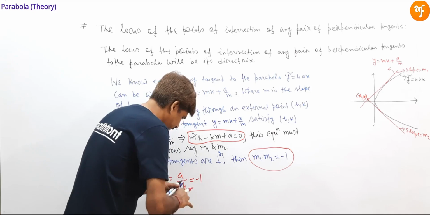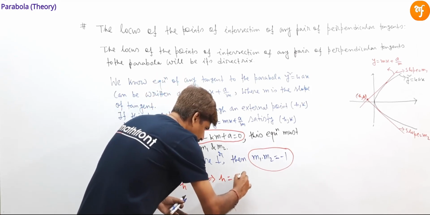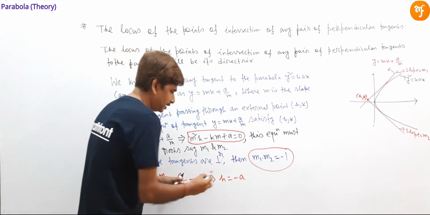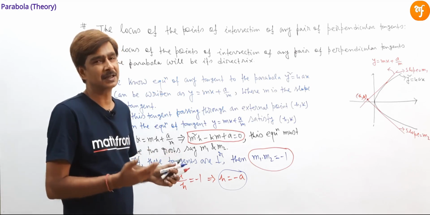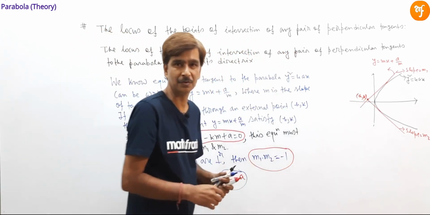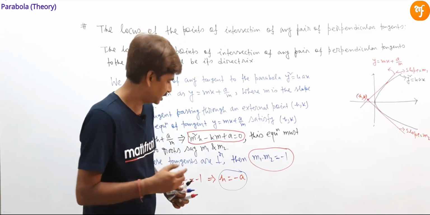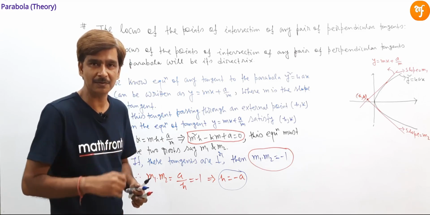We can say h is equal to minus a. So this is nothing but the locus of the point h, k. Just substitute h by x, we will get x is equal to minus a.